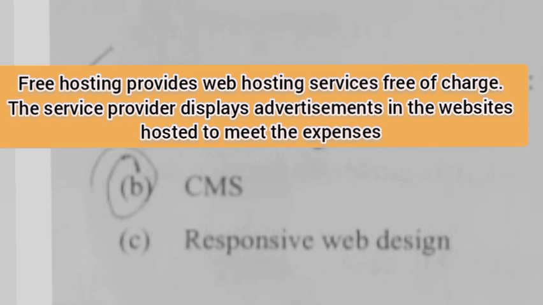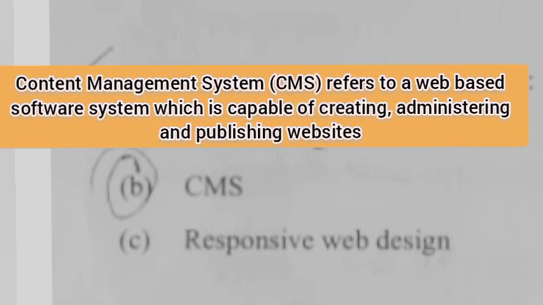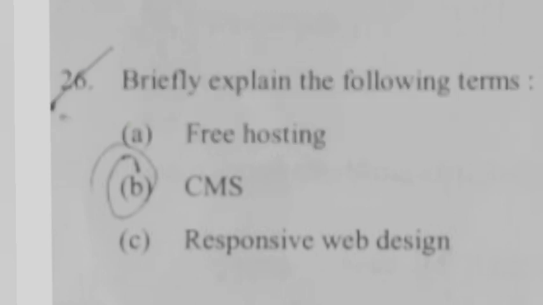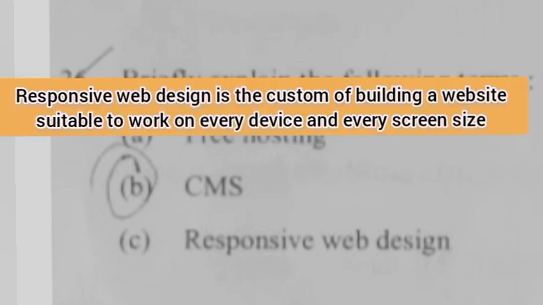The service provider displays advertisements in the websites hosted to meet the expenses. B. Content management system refers to a web-based software system which is capable of creating, administering, and publishing websites. C. Responsive web design is the custom of building a website suitable to work on every device and every screen size.